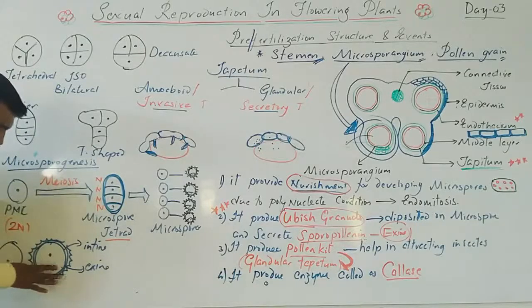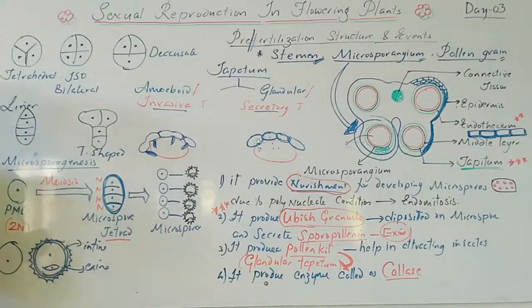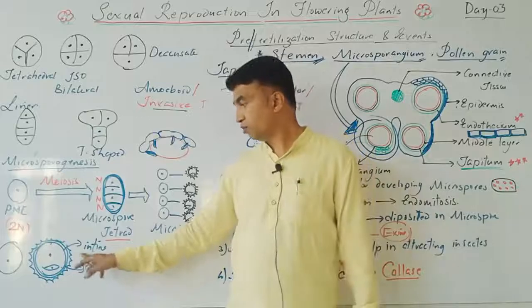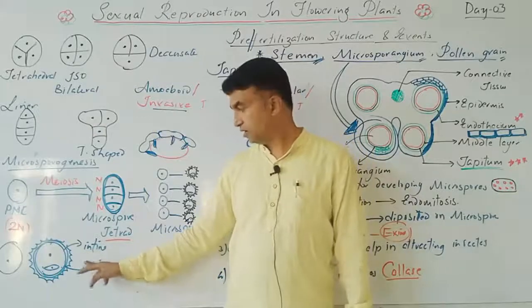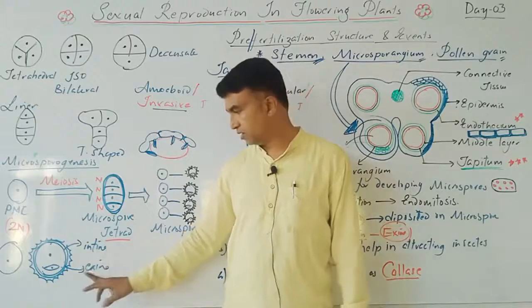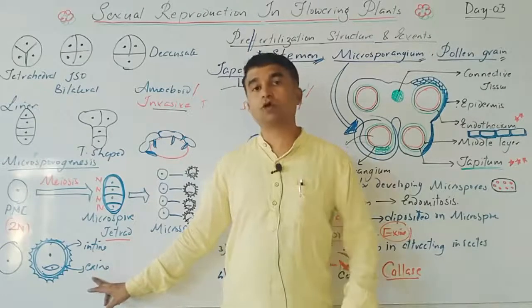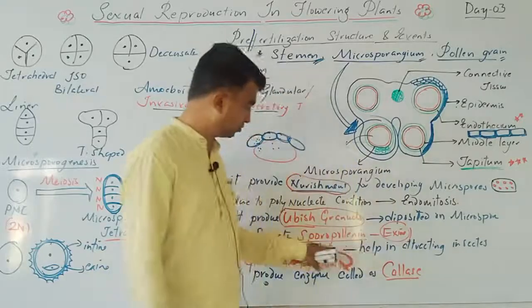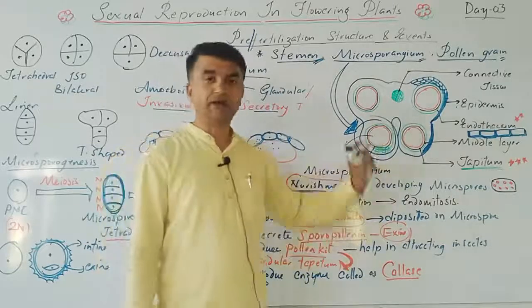After that it will float in the cytoplasm of the vegetative cell. Now here come the two layers. The pollen grain wall is made up of intine and exine. Intine is made up of pectin and cellulose. Just recall, exine is made up of sporopollenin, which is secreted from the tapetum only.